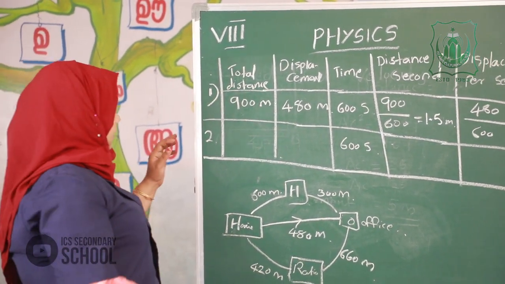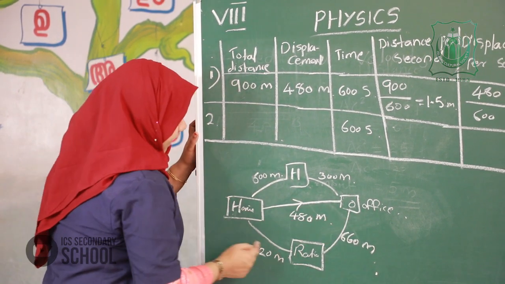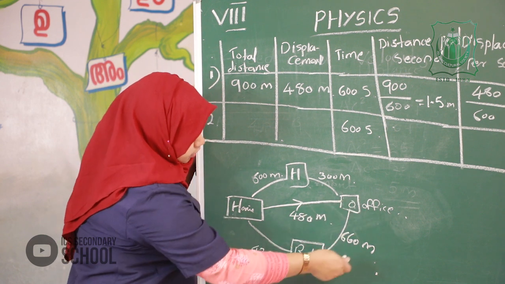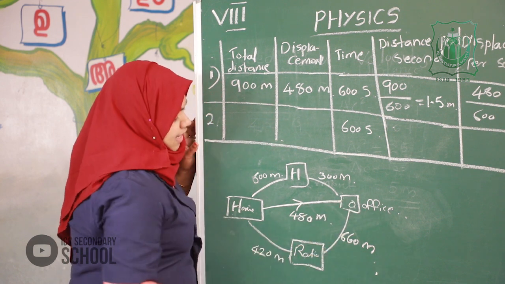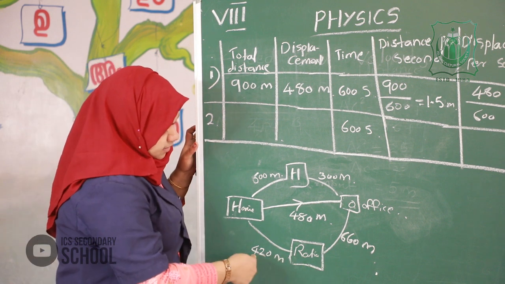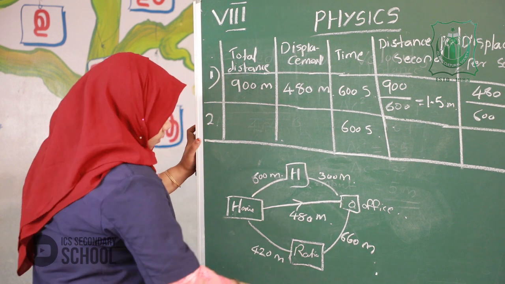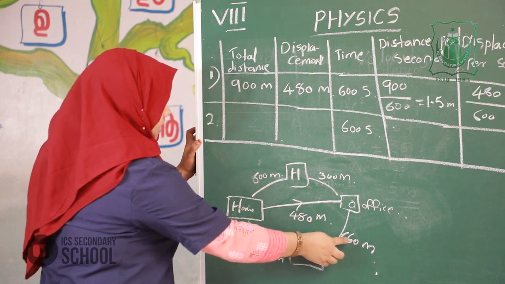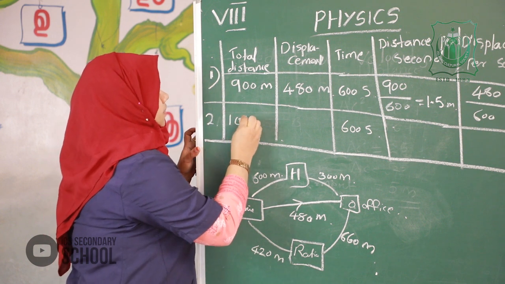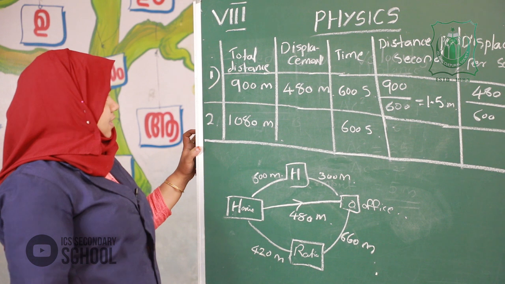Yes. The next, on reaching back home. What is the total distance here? From office to ration depot, that is 660 meter, and ration depot to home, that is 420 meter. 660 plus 420 is 1080 meter.